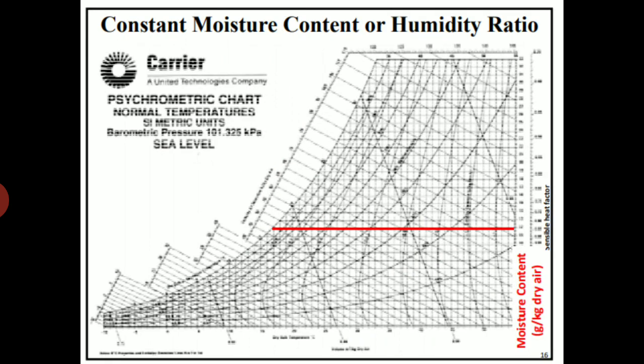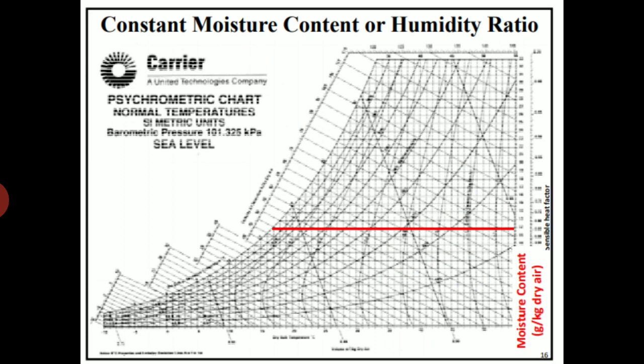One is the W line, or specific humidity line. The specific humidity lines are the lines which are horizontal. They are obtained on the right-hand side y-axis, where the W values can be read. In some charts it may be grams per kg of dry air, or in some charts kg per kg of dry air.